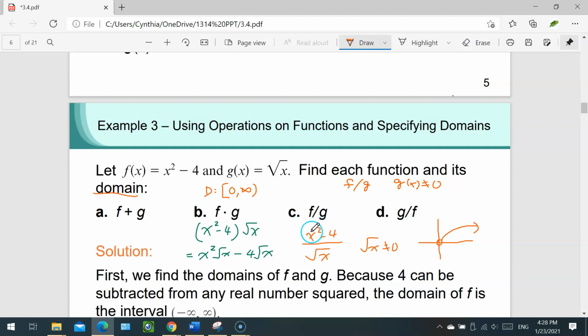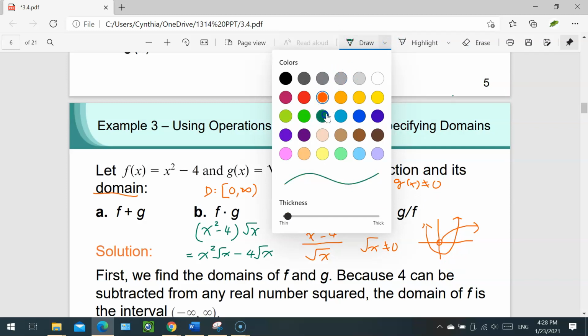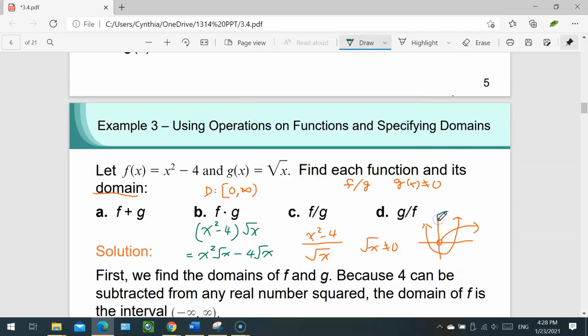The numerator here has the quadratic function that goes down 4. The region they are overlapped to satisfy when two functions divide would be, again, from 0 until forever.